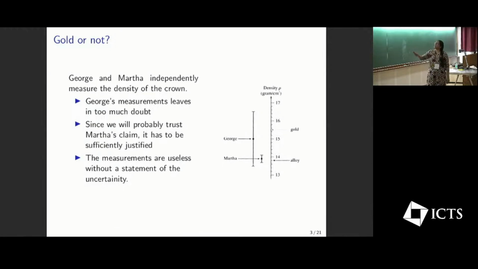That's what this shows. If George just said it is, say, 14.8 gram per centimeter cube without any margin of error, then I would think that, oh, maybe it is gold because it's close to that. So that measurement becomes meaningless if it is unsupported by some margin of error.